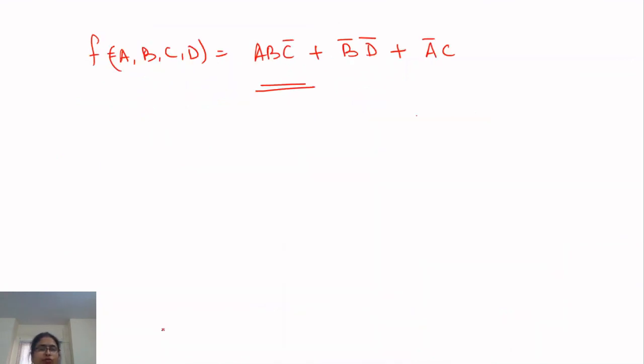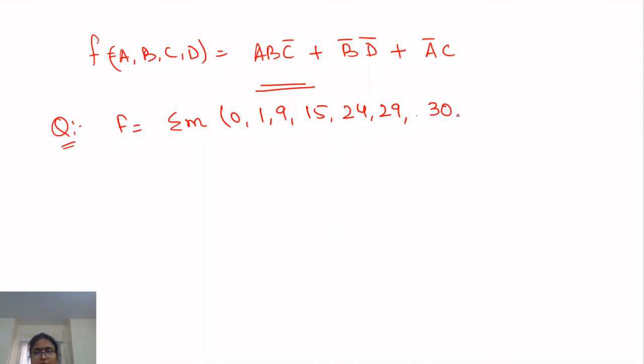I hope you would have understood all this, and in case you have any problem, you can write your doubt in the comment box. So for your practice, I am giving you a problem. F is equal to summation m 0, 1, 9, 15, 24, 29, 30, 3, 8, 11 and 31, right?